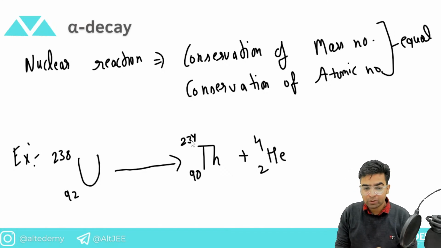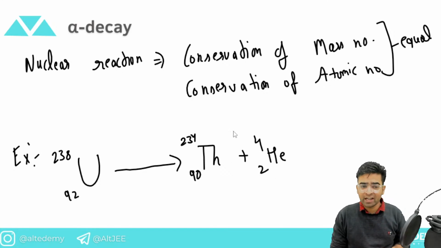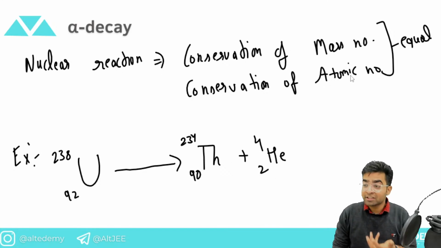Overall, 238 equals 234 plus 4, and 92 equals 90 plus 2. In alpha decay, there is conservation of mass number and conservation of atomic number.